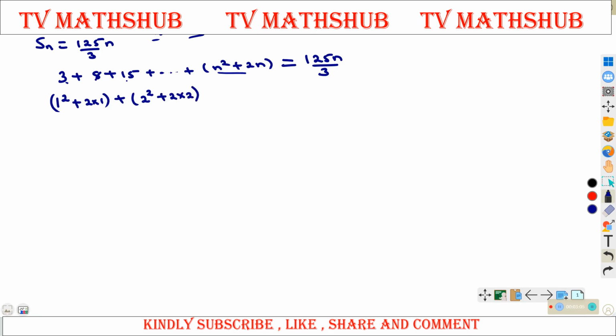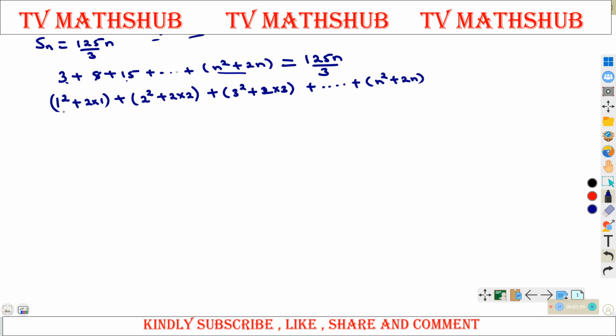If I begin with n equal to 1, the first term will be 1 squared plus 2 times 1. Then the next term will be 2 squared plus 2 times 2. And the next term when n is 3 will be 3 squared plus 2 times 3. So you realize this follows the same suit up to when we have n squared plus 2n.